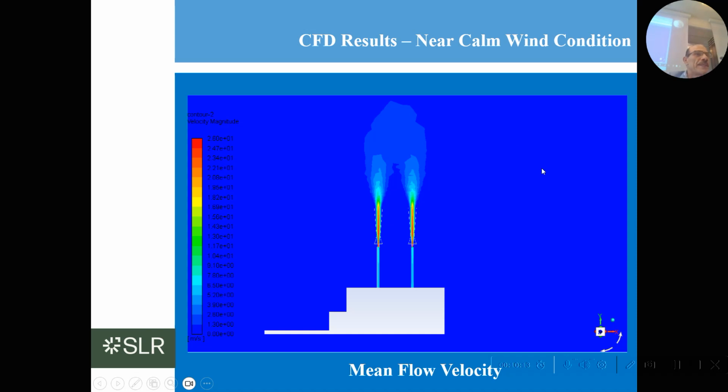The dark blue representing the near calm wind condition, and then 26 is the strongest speed in the domain, and you see there is a nozzle at the base of the combustion chamber where, due to the nozzle, the velocity of methane is increased to 25 meters per second, and then reduced again at the tip of the flare due to the diffuser arrangement of the venturi.